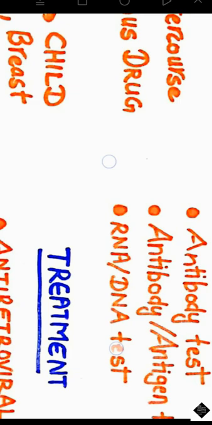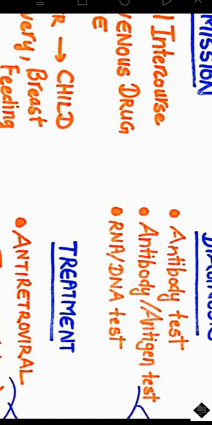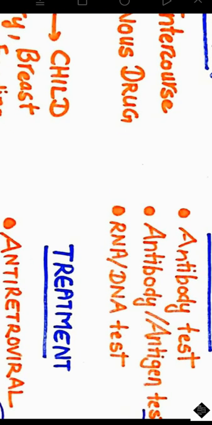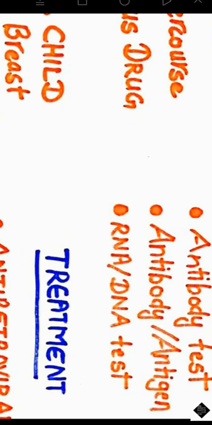The antigen antibody test looks for the virus directly, that is, for antigens of HIV and the HIV itself. The RNA test screens for viral RNA and the virus directly, while the DNA test screens for copies of viral DNA.